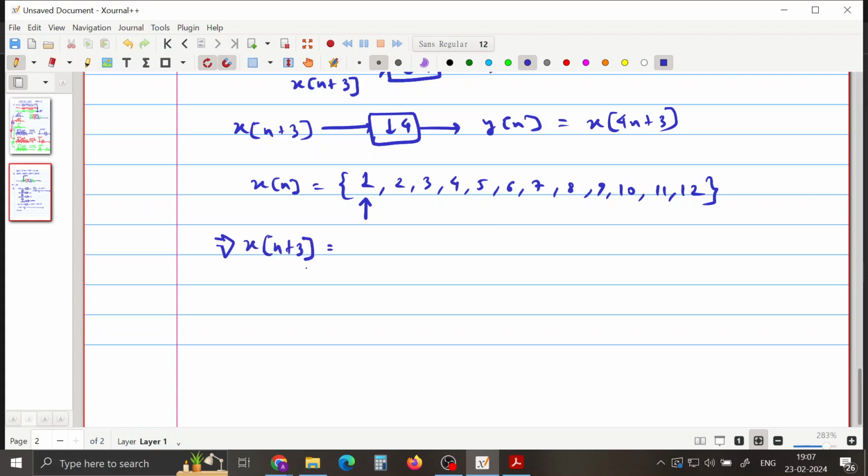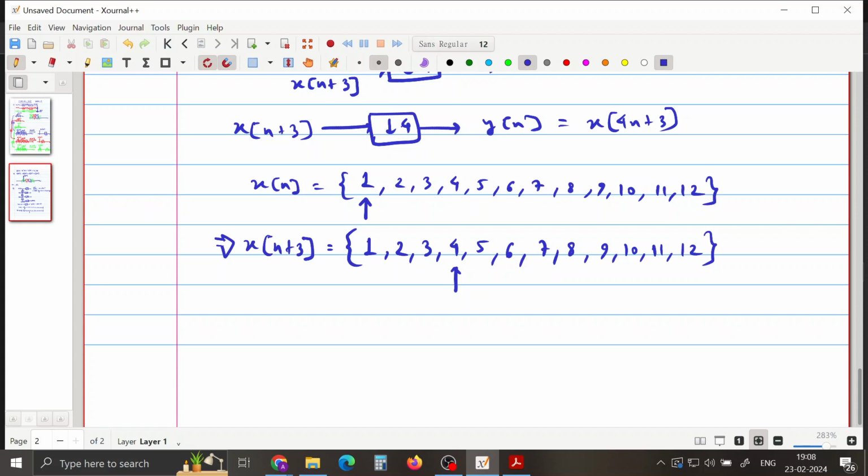It's a left shift, left shift by 3 units. So I move this entire block to the left by 3 units. The values remain the same, but the origin now shifts to this point. This arrowhead now points at 4, right? So now this is x of n plus 3.